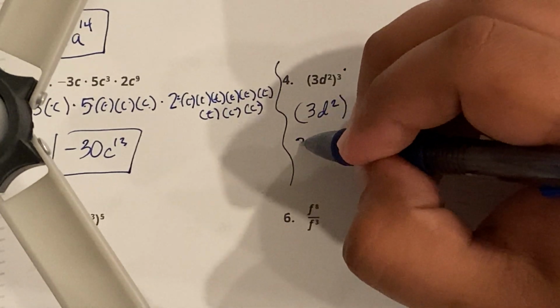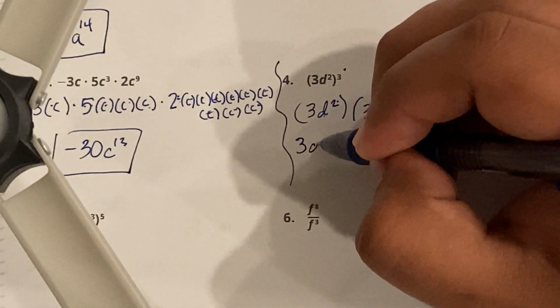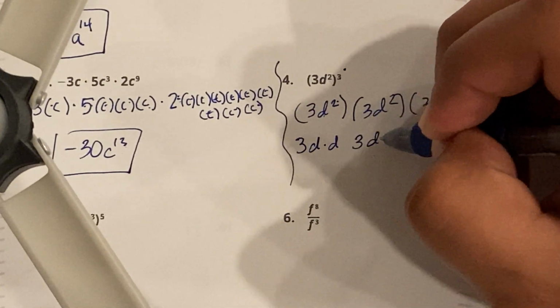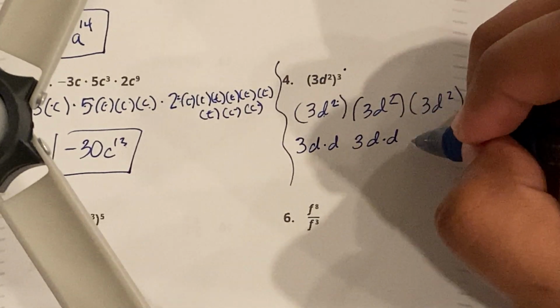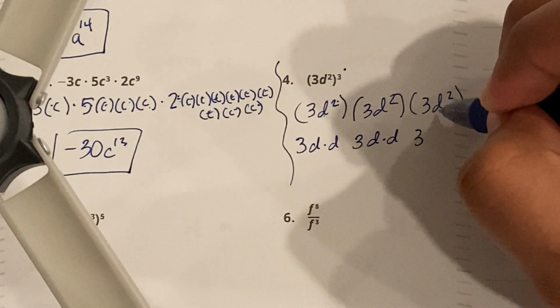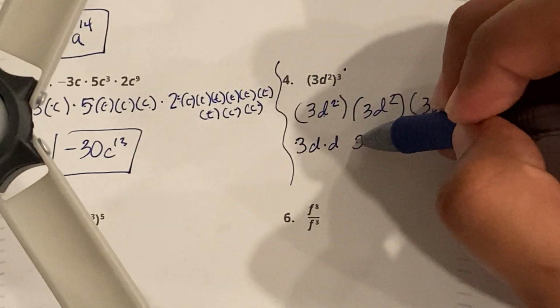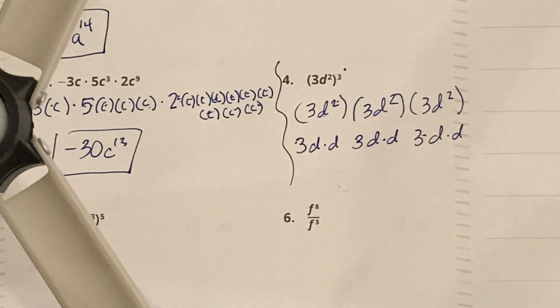Next, break down the 3. There's 2 D's. D times D, bring down the 3. There's 2 D's. D times D, bring down the 3. 2 D's times D.